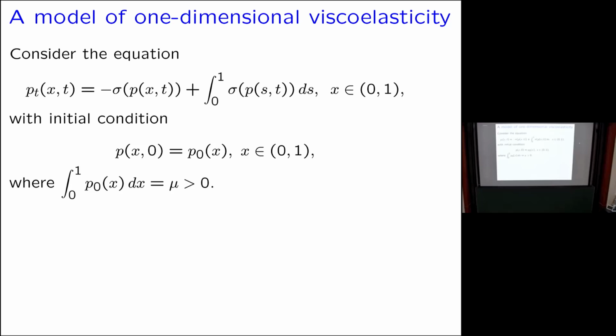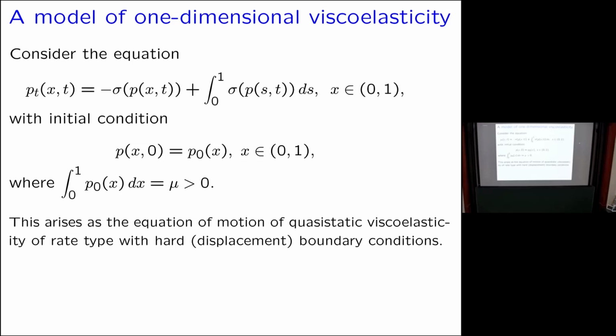In other words, you can, without loss of generality, suppose that the open subset is (0,1). This is the equation which we're going to solve with initial data p0(x), where time t equals 0. And the integral of p0 is going to be a positive constant mu.